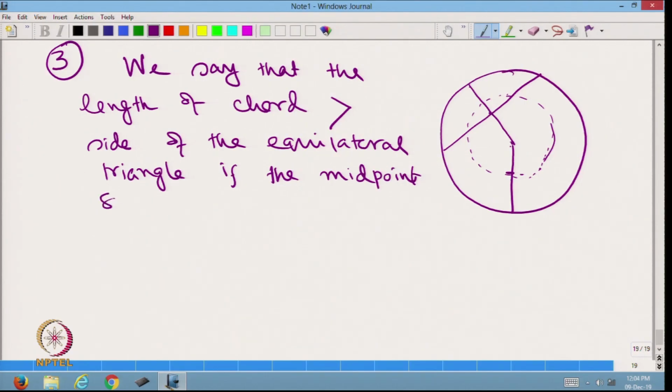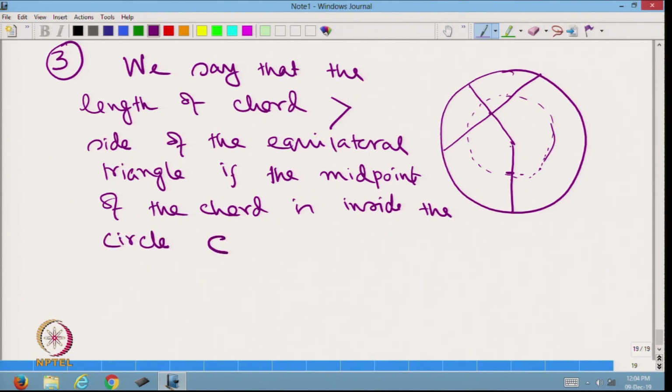Midpoint of the chord is inside the circle C. So, let us call it C.